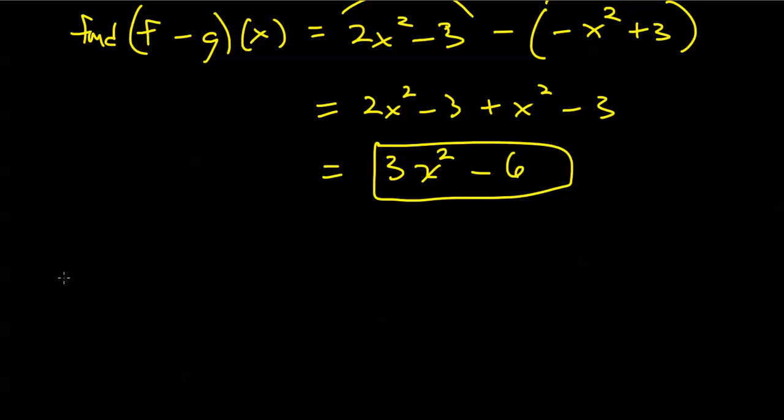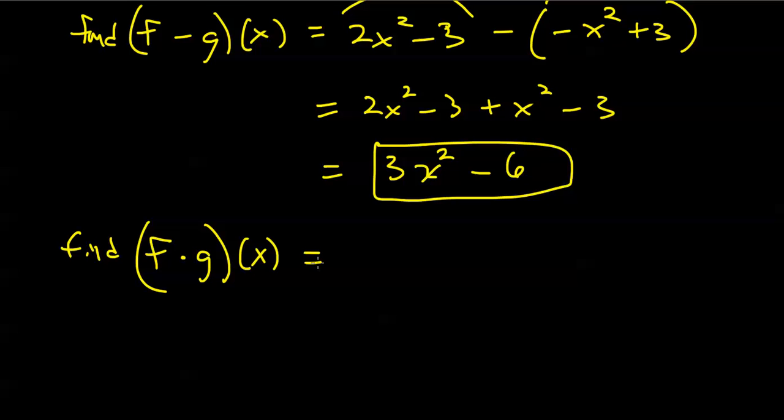What about f times g of x? Our book uses this notation to indicate a function multiplication. Since both functions are binomials, we know how to multiply binomials.